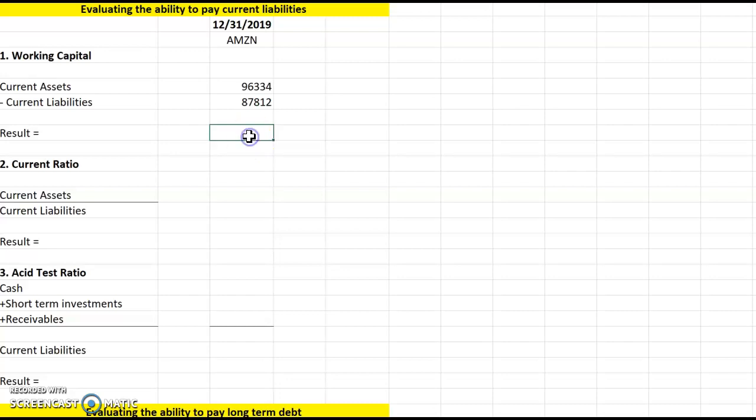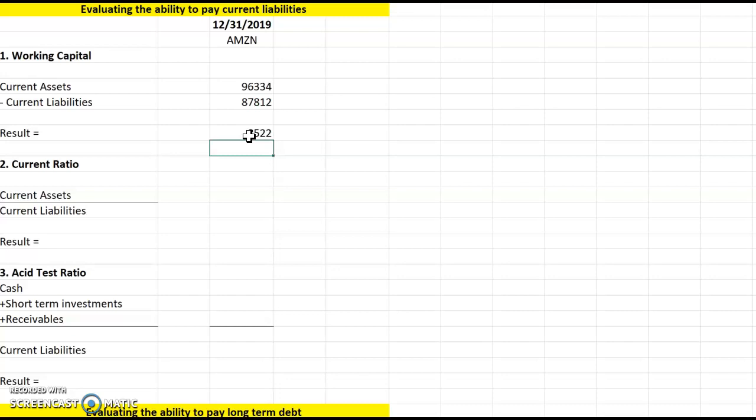If you look at the rubric to see how the project is being graded, you can see the number of errors affect how many points you get. Then we're just going to subtract the current asset number minus the current liability number. So Amazon has 8,522 in working capital.